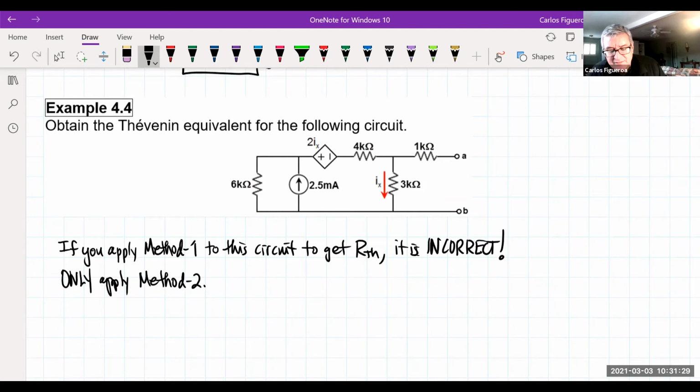But if you're talking about an exam problem, it depends on the circuit, you're going to get maybe 7 to 8 points out of it. So you know what happens to the rest of the circuit? You lose it because you didn't do it right. Because you're going to calculate the wrong RTH, and therefore you start off with the wrong circuit. So you're solving a different circuit. Yeah, that doesn't work for me. So only method 2 here.